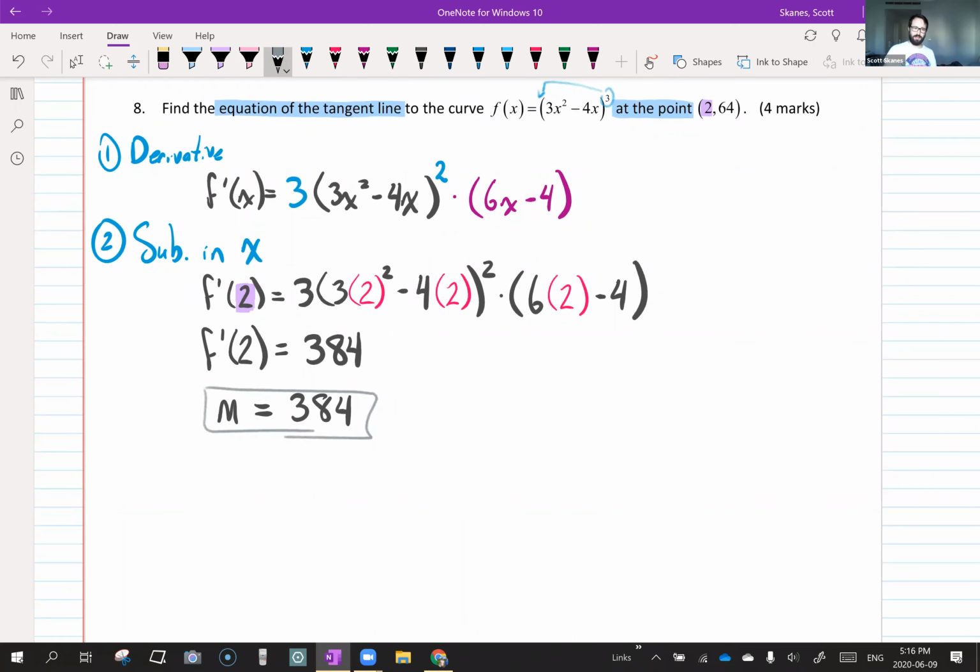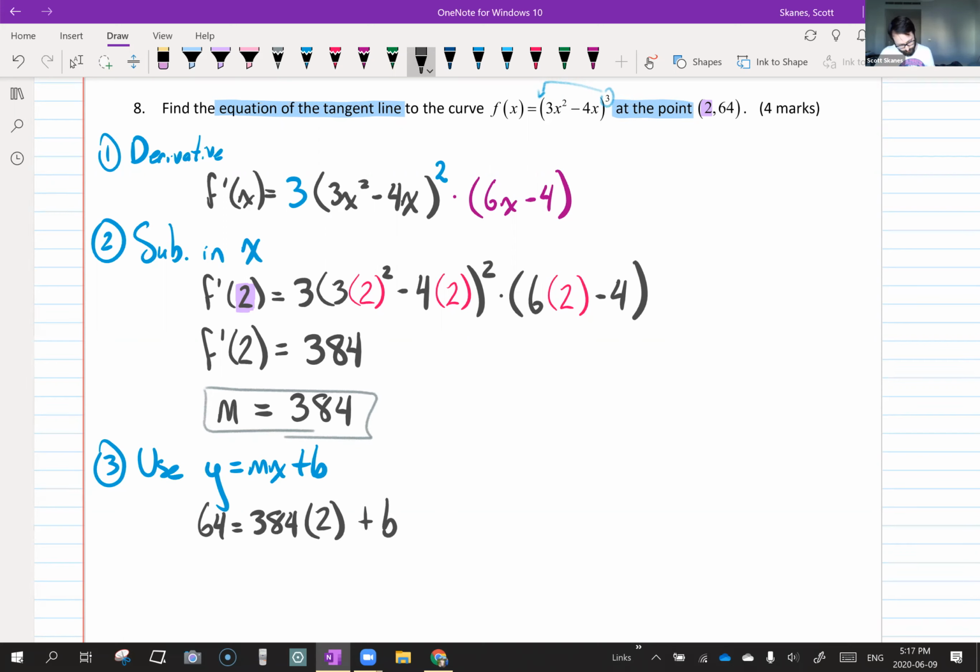My very last step is to use y equals mx plus b. If I put in all my values, that's 64 equals 384, which is giant, very, very steep compared to what we're used to. But if you graph this function, it actually makes sense. It's very steep.